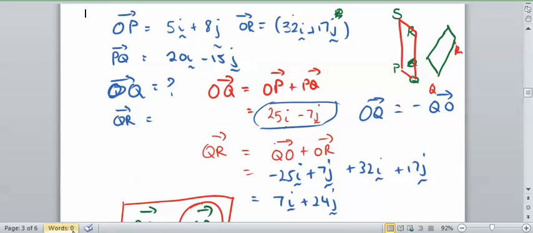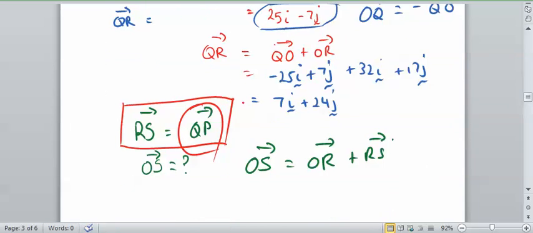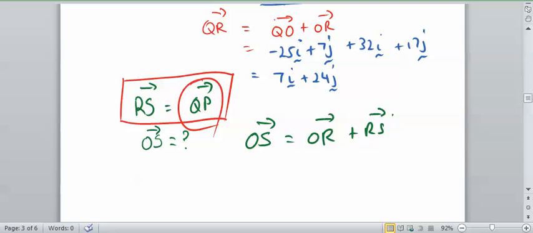QP is equal to negative PQ. So that is equal to OR plus, this is actually negative PQ. Because they're equal. If they're equal, then what is negative PQ? What was PQ?